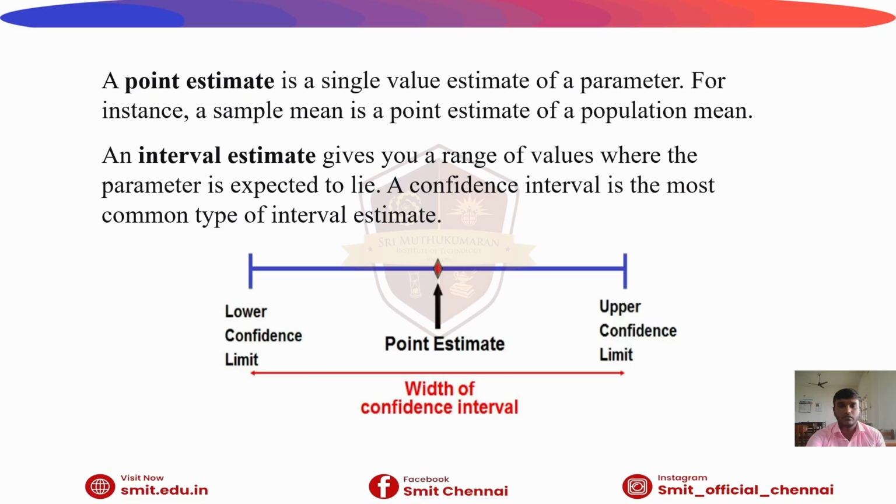And this is the width of the confidence interval of the point estimates. Left side is considered as the lower confidence limit, and right side is the upper confidence limit. I've explained this in previous slides.